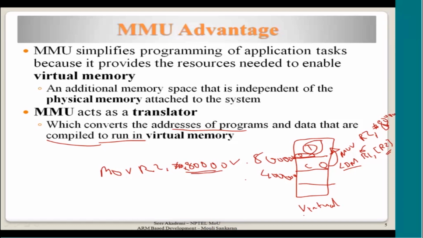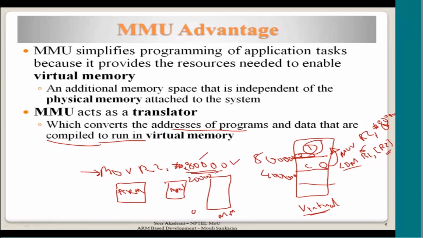This is the virtual memory. But in a system where this program is running, ARM is executing this instruction, it assumes that it is accessing the address at 80,000. But we know that there is an MMU, and we know that in the physical memory there is no address like 80,000. Maybe it varies from 0 to some 20,000 hex.